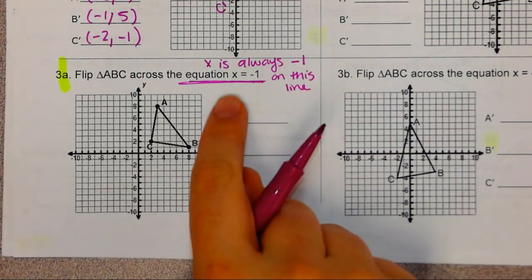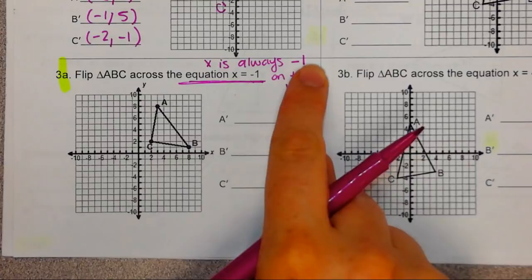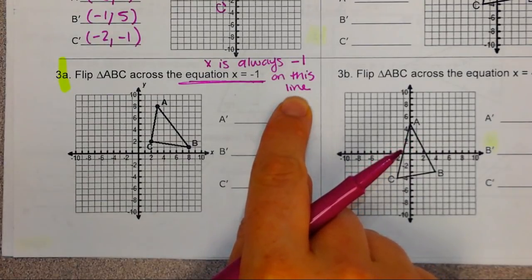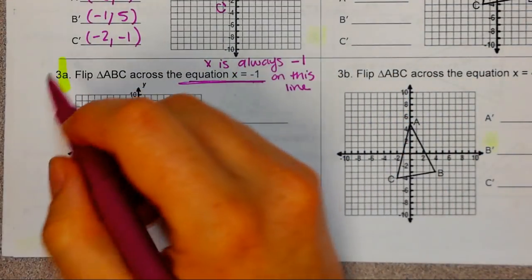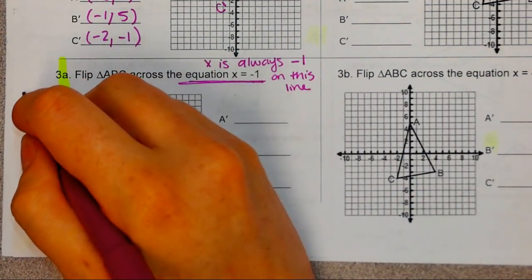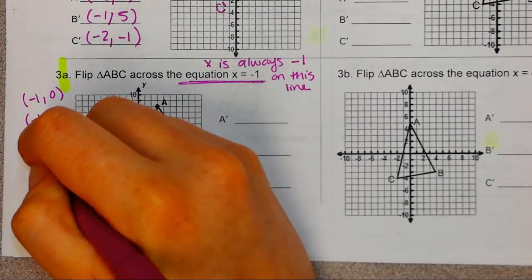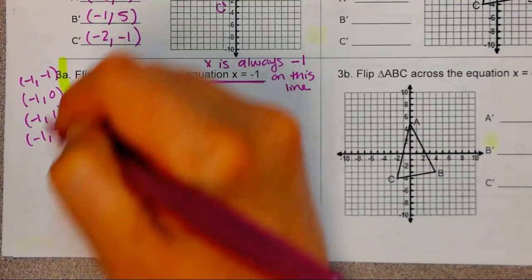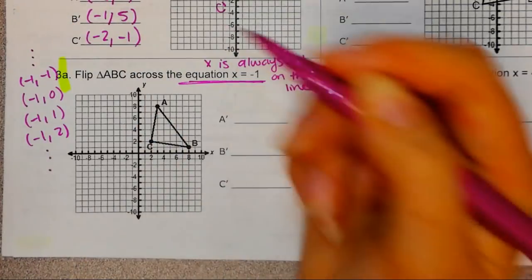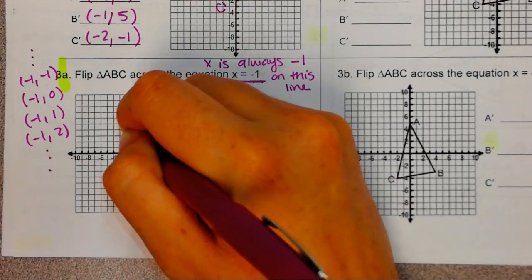When you're saying x is equal to -1, you're saying x is always -1 on this line. So if you plot every coordinate where x is -1, like (-1, 0), (-1, 1), (-1, 2), (-1, -1), and so on, here's all those points.